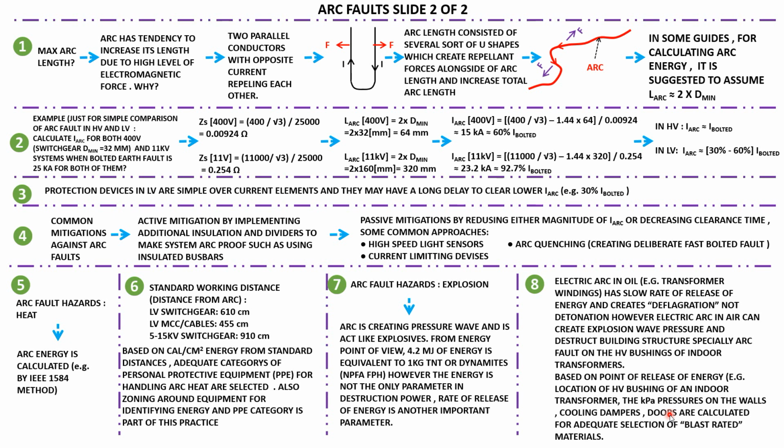Then in their model they put an explosion at that point, and calculate the kPa pressure on the walls, doors, cooling dampers and other equipment, and then they give this value to the structural engineers to design the building properly.